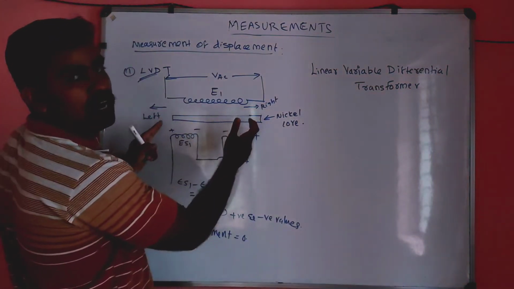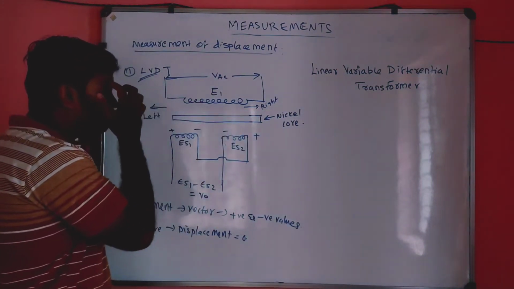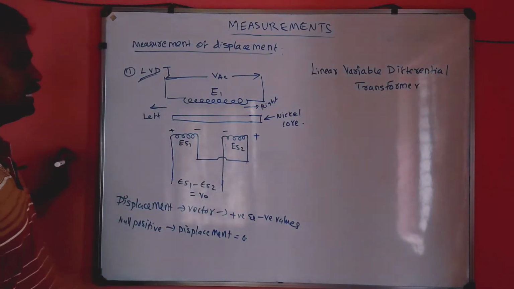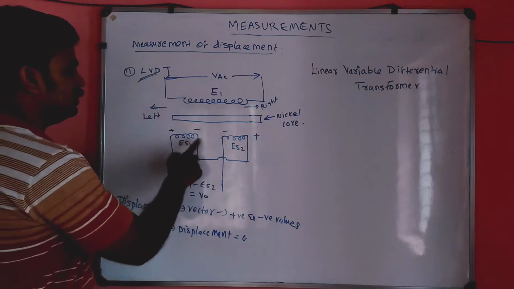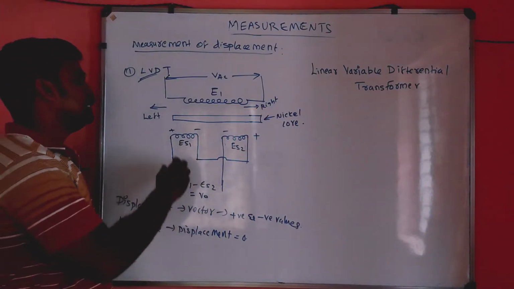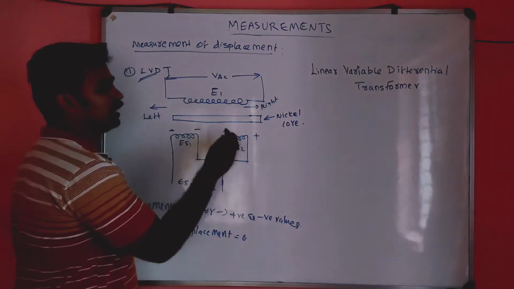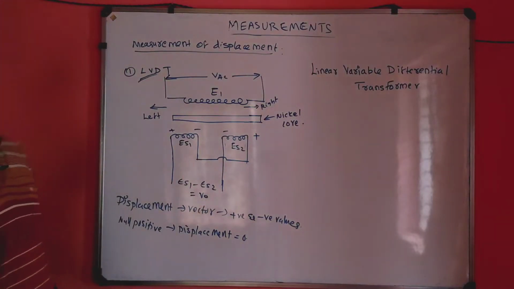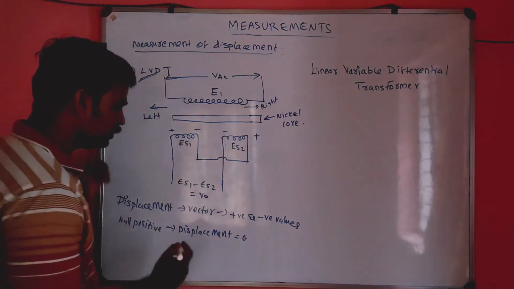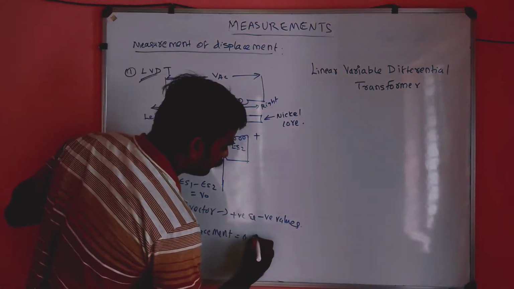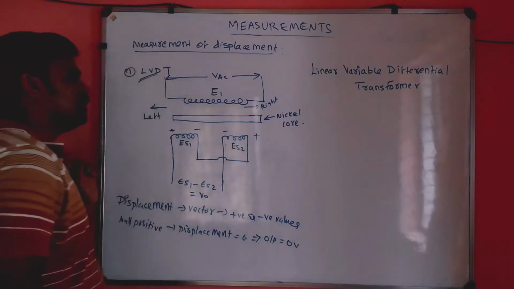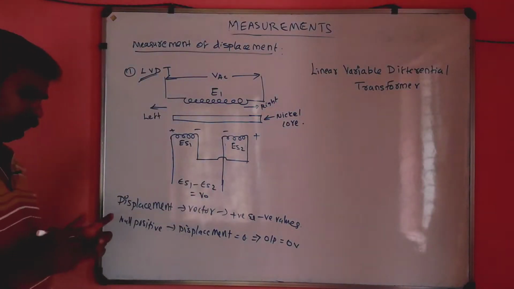This nickel core is exactly midway between these two coils, so equal EMF will be induced in each, and the difference in induced EMF will be 0. So the output will be equal to 0 volt. There will not be any output voltage you can measure here.